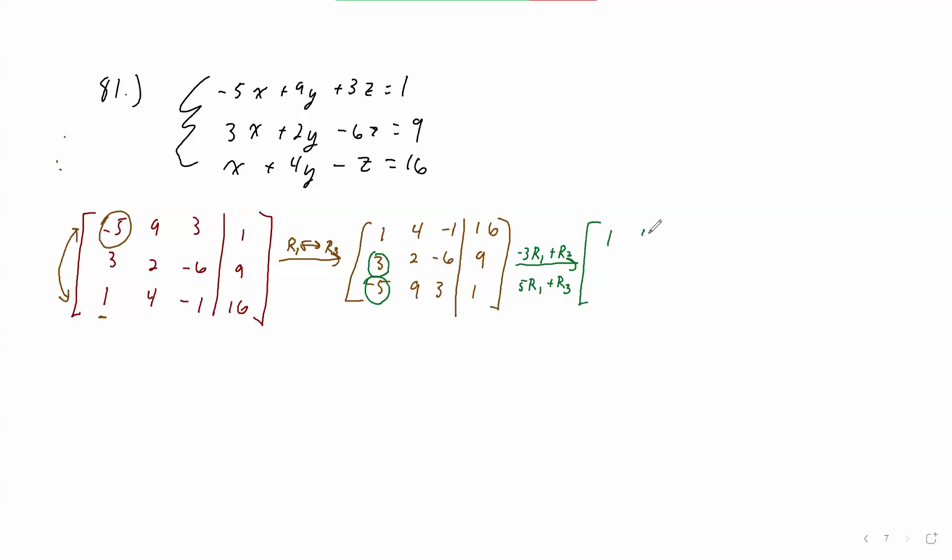Again, row 1 does not get changed. So negative 3 times 1 is negative 3 plus 3 is 0. Negative 3 times 4, negative 12. Negative 12 plus 2 is negative 10.